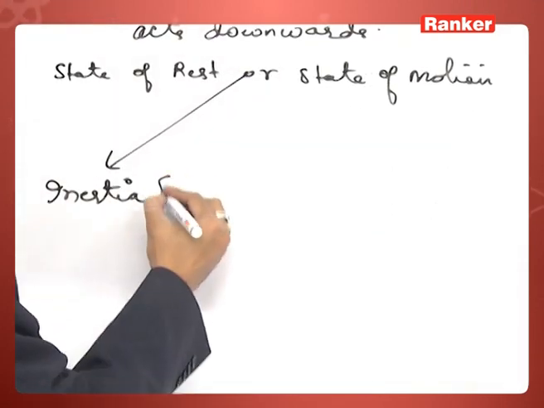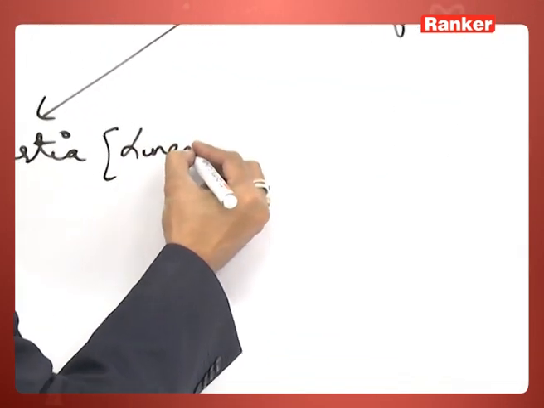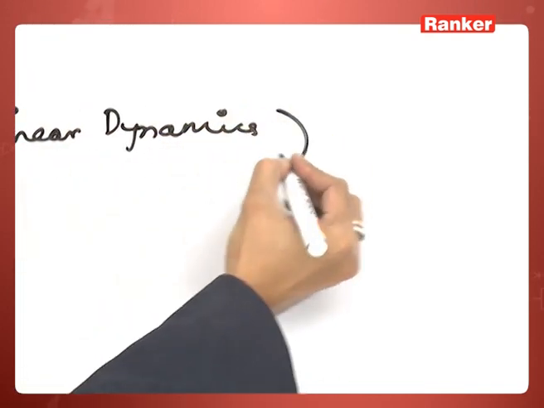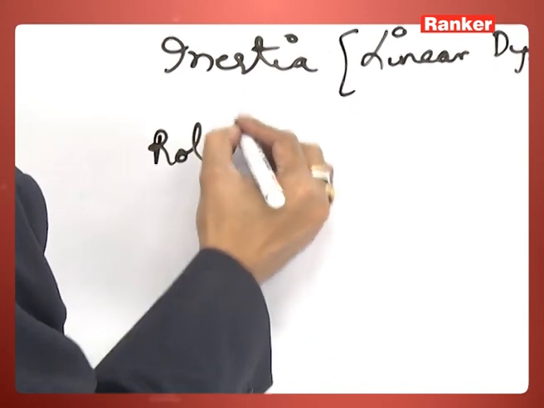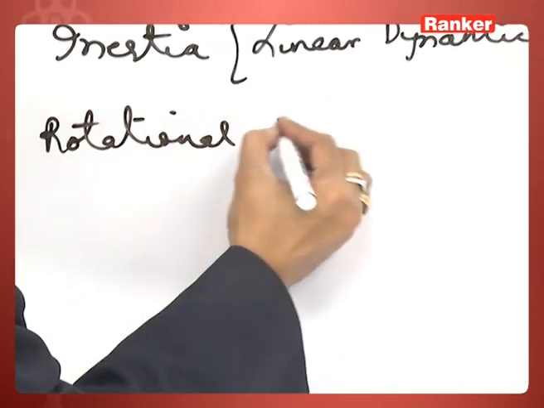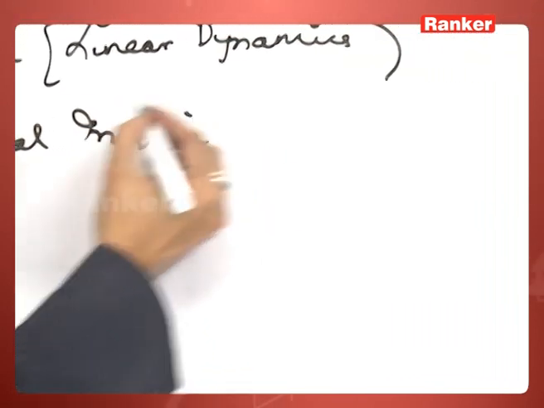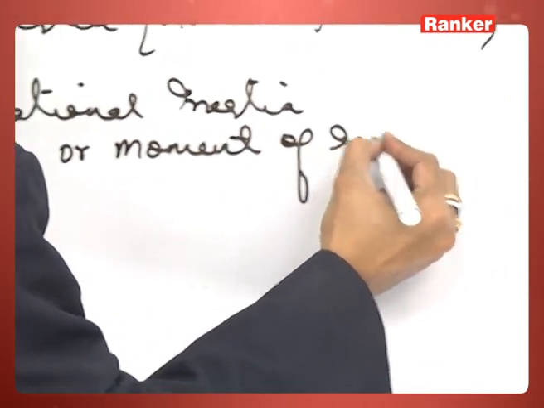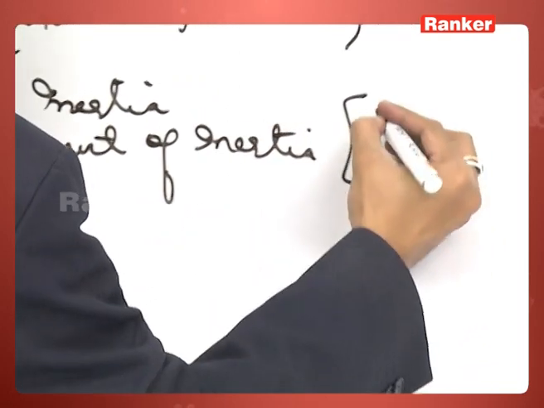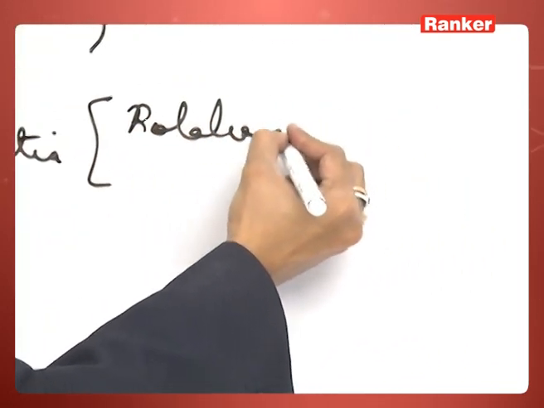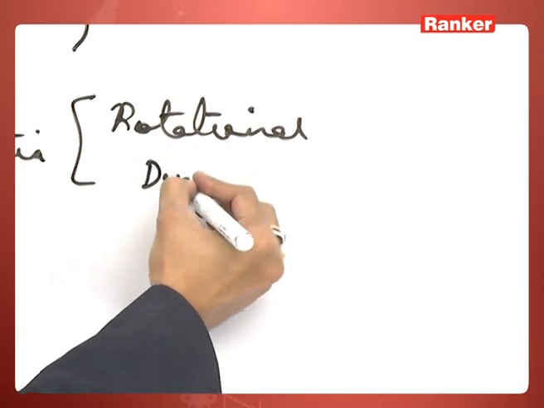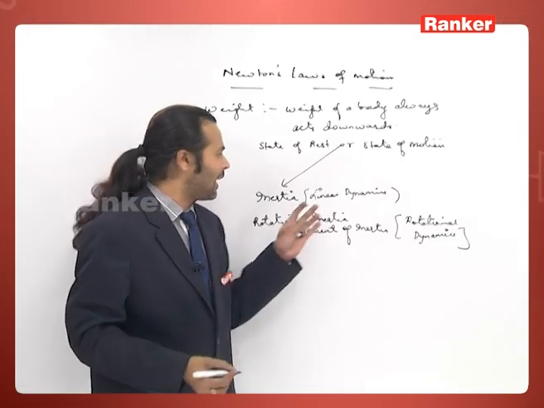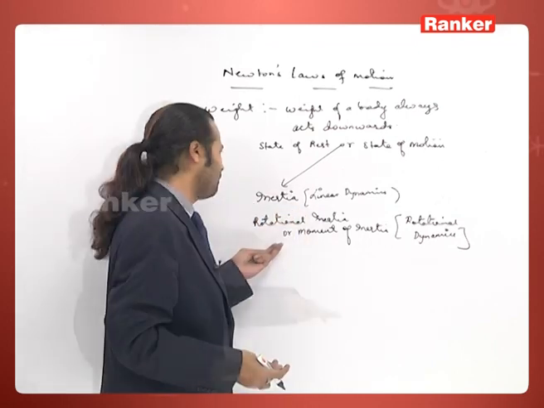So in inertia, in case of linear motion, we will say linear dynamics, and we say rotational inertia or moment of inertia when we talk about rotational dynamics. So in any case of dynamics, we will have inertia emphasized on it.